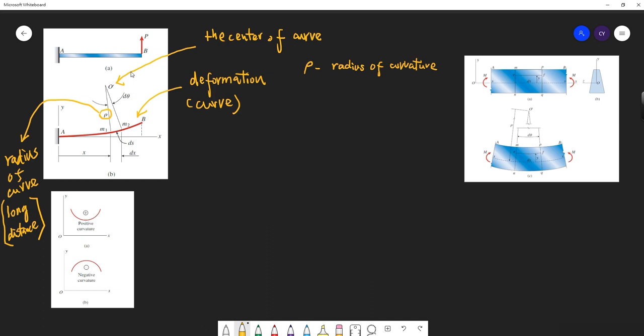And we also need to define the kappa. This is kappa. The kappa is equal to 1 divided by rho. This is just a definition.